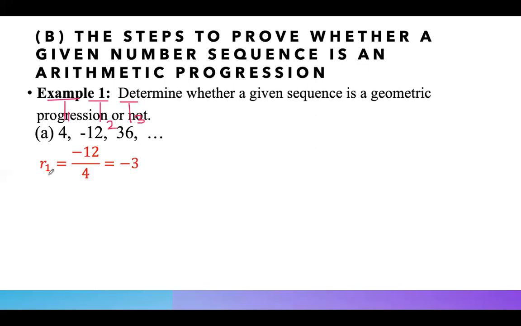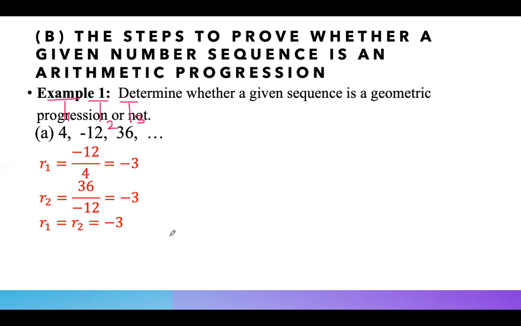All right, so R1 is negative 12 divided by 4, so you get negative 3. And then R2 is 36 divided by negative 12, also negative 3. So you have a constant here. Constant means the same value. R1 is negative 3, R2 is also negative 3. Therefore R1 equals R2 equals negative 3.